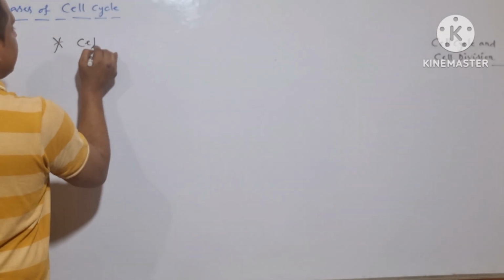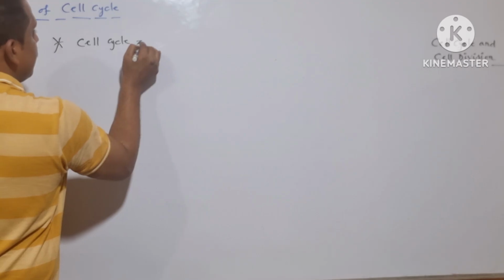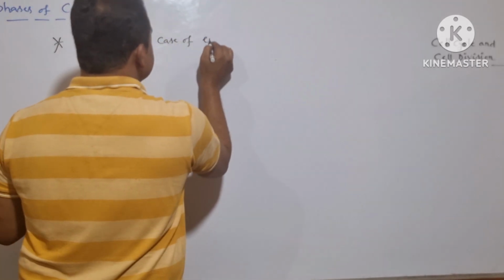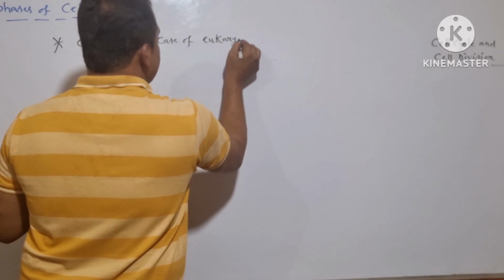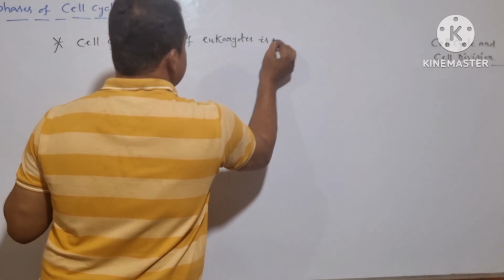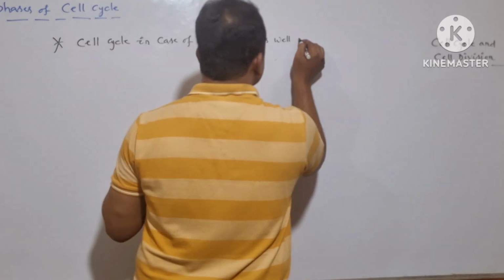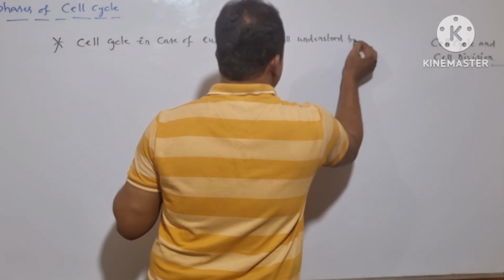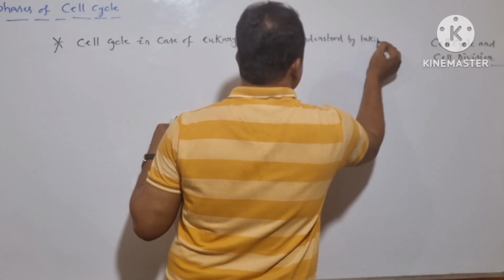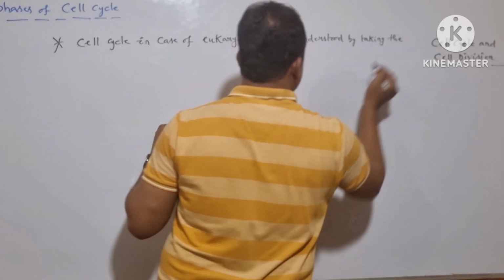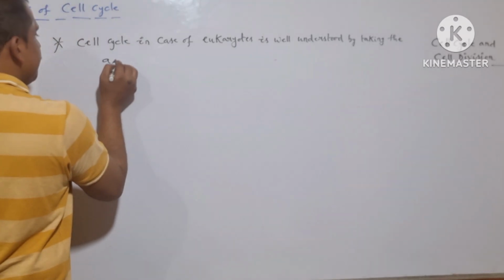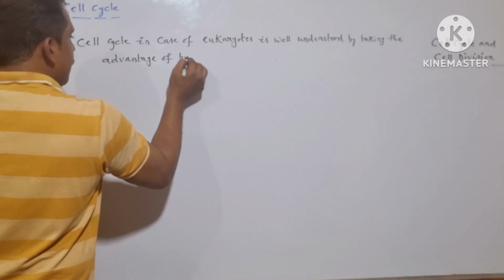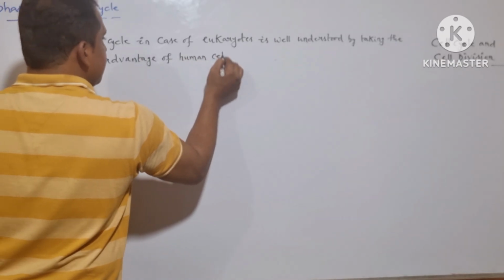Cell cycle in case of eukaryotes is well understood by taking the advantage of human cells in culture.